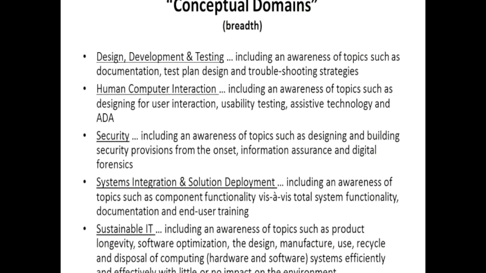Here we look at what we identify as conceptual domains. Now it may be the case that some of these are in fact curricular areas, but certainly that's not the expectation, it's not the intent. It's okay if it happens. There's nothing wrong with that, but that's not the design.